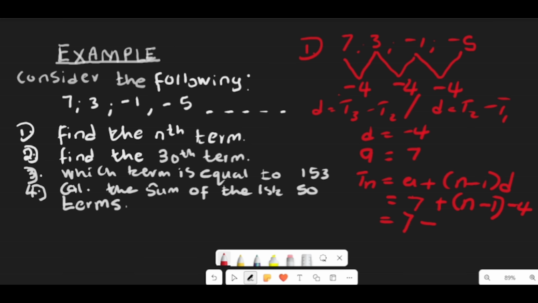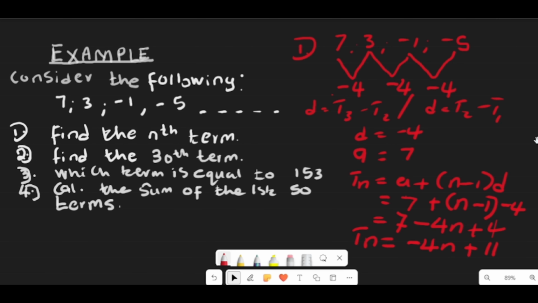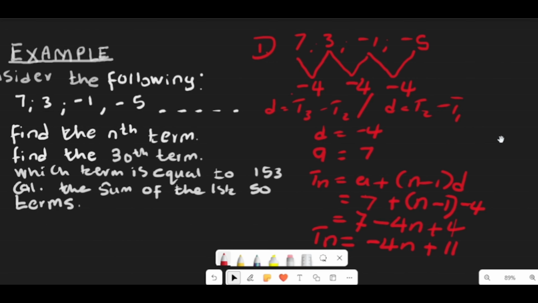So 7 minus 4n plus 4. Therefore, the answer here is Tn equals minus 4n plus 11. Great. This is the general equation for our series.